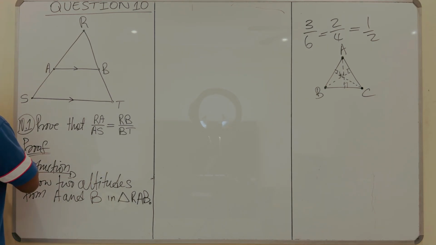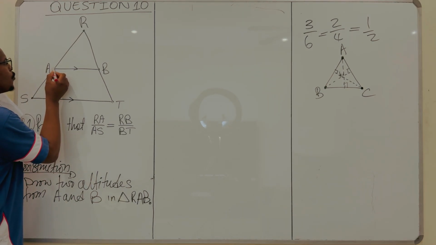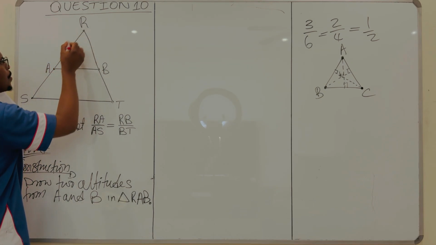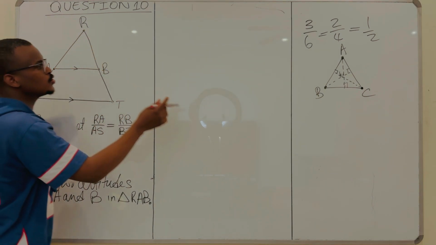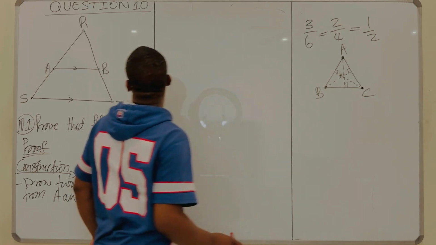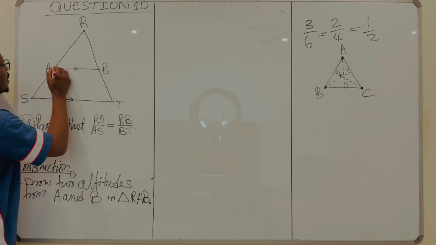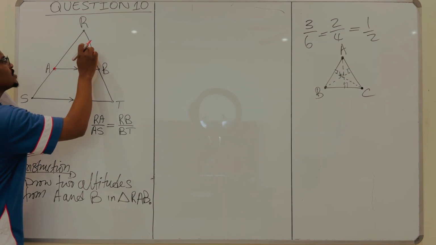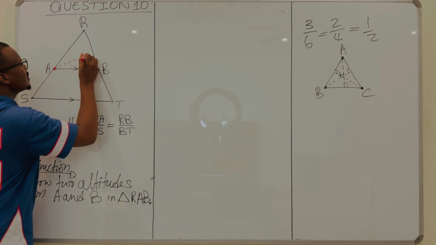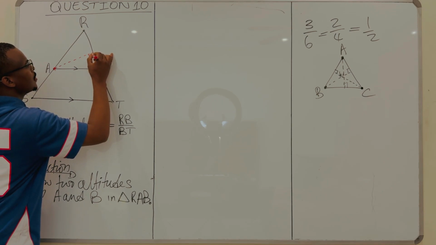So from A, here is A over here. If we want to draw in RAB, we're going to draw perpendicular heights in this triangle over here. So this looks similar to this, right? If you want a perpendicular height or altitude from A, it will start from here to the opposite side. The opposite side is this one. So it will be a perpendicular height like this one, perpendicular over here.